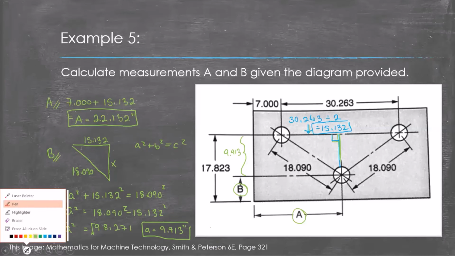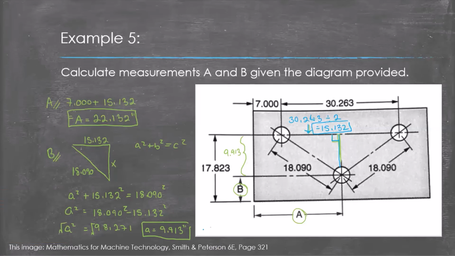I may switch my ink so that you can follow it. So B is equal to 17.823 minus 9.913, which gives us B equal to 7.910.